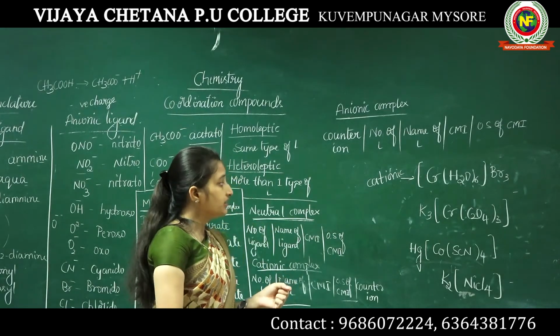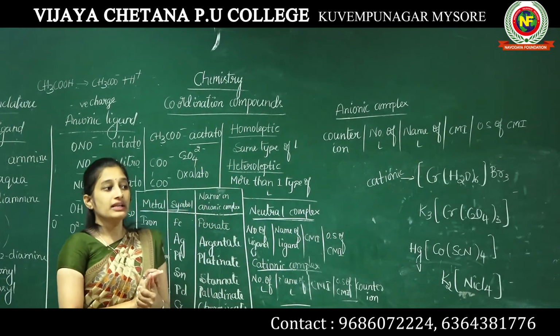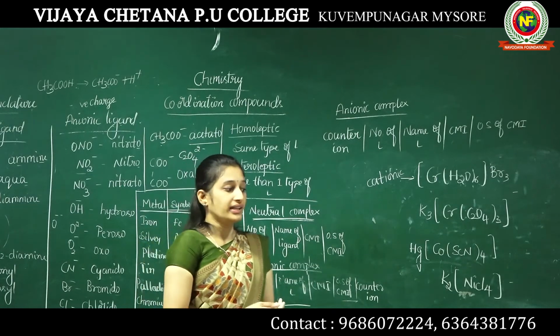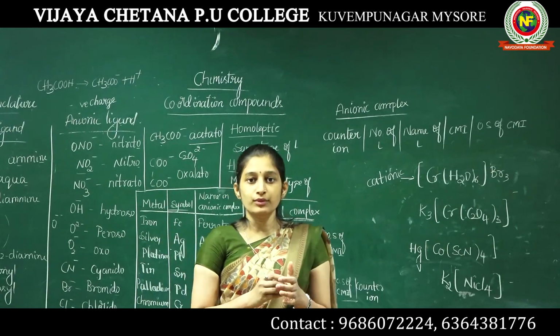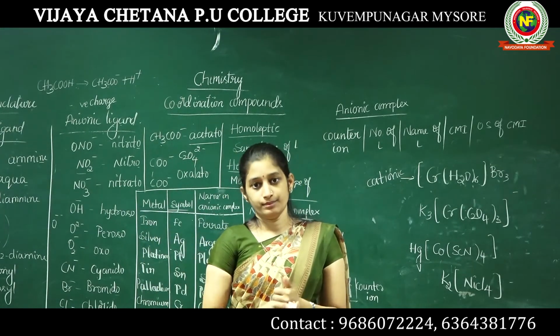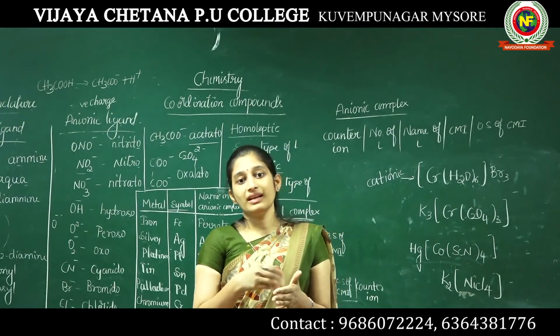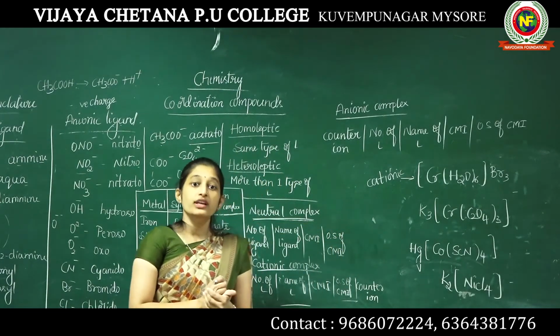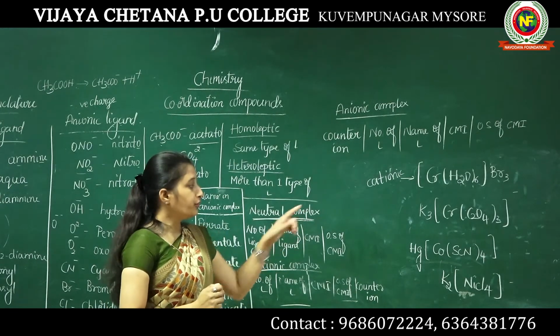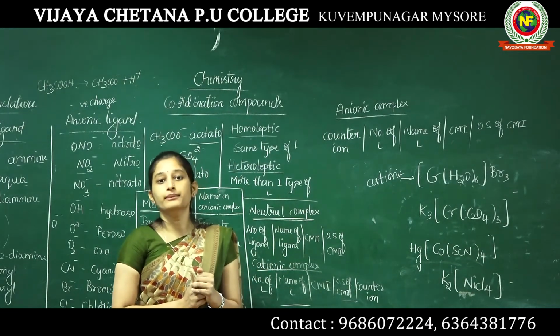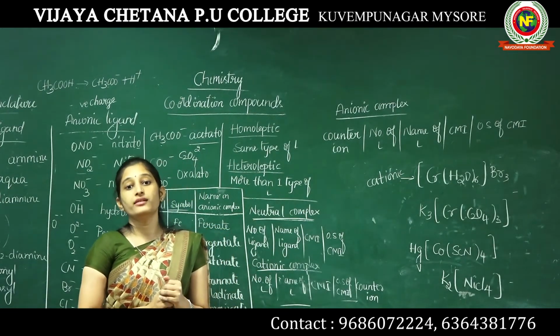Then after this, until now, if they give the formula, how to write the name, how to nomenclate it. But now, if instead of the formula they give the name, then how to write the formula?